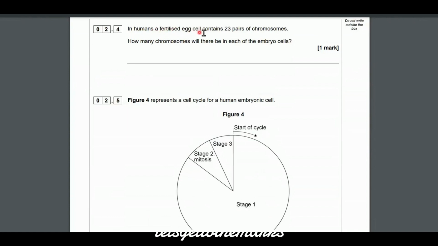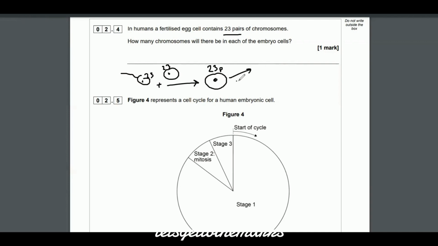2.4. In humans, a fertilized egg cell contains 23 pairs of chromosomes. How many chromosomes will there be in each of the embryo cells? The sperm contained 23 and the egg contained 23. They joined together in a process called fertilization to make a fertilized egg, which had 46 chromosomes, or as we have in the question, 23 pairs.